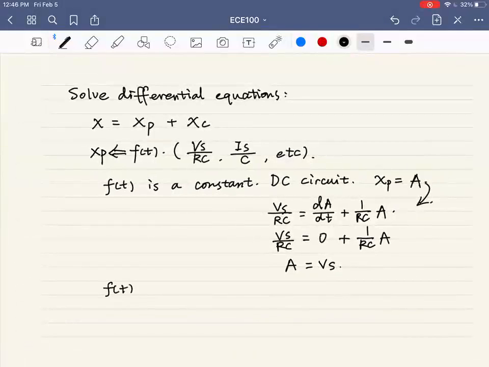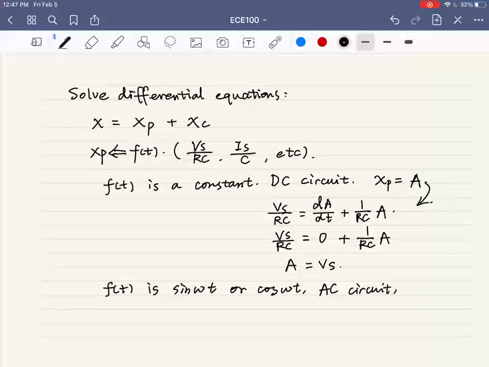And if FT is in the form of sine omega t or cosine omega t, which means that it is an AC circuit, we will guess XP is in the form of A cosine omega t plus B sine omega t. Okay?